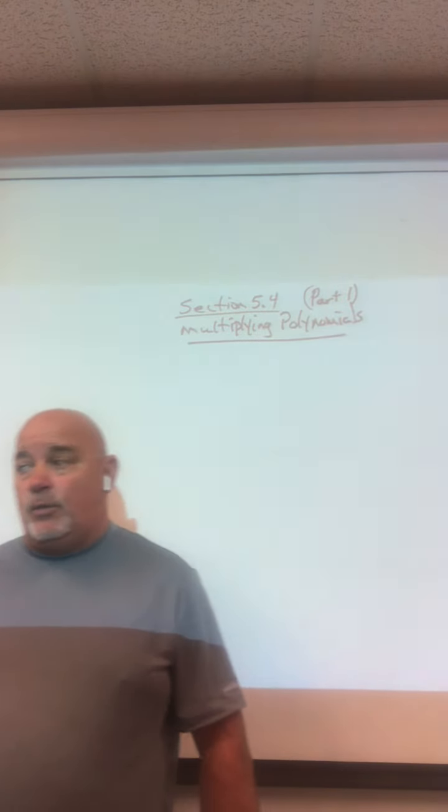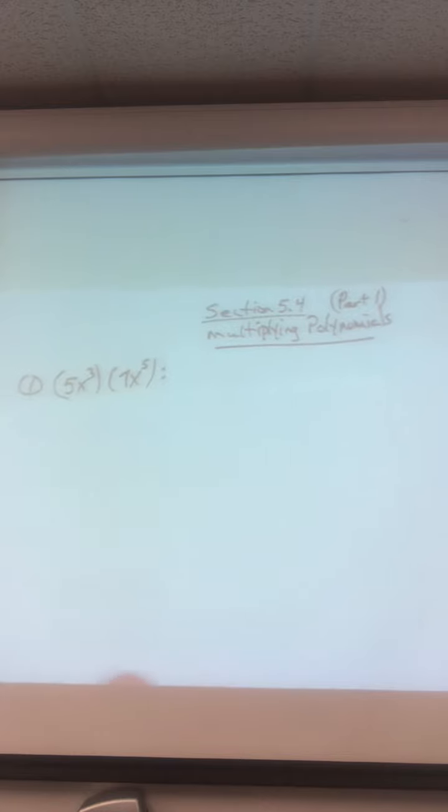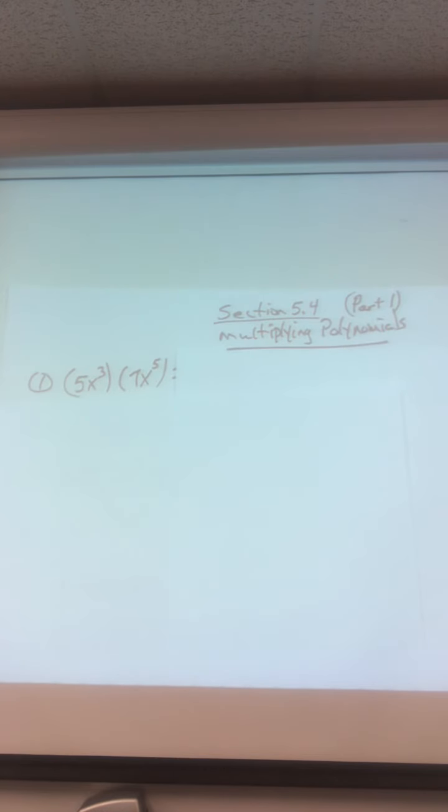So you have to know your rules from sections 5.1, 5.2, and 5.3 in order to do these problems. There's really nothing new that I'll be throwing at you at the beginning of this section anyway. All right, so let's suppose, just for review, I had this problem right here.